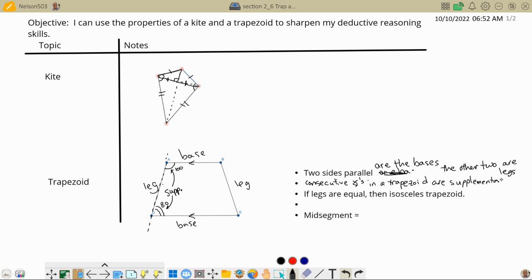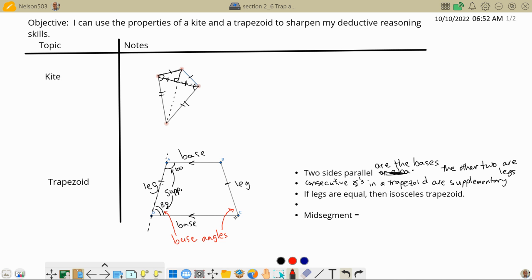And then it says if the legs are equal, then you have an isosceles trapezoid. So let's mark them equal now. Let's say this one's equal to this one. Now, what would that mean for my base angles? Base angles are the ones formed by the leg and the parallel line.